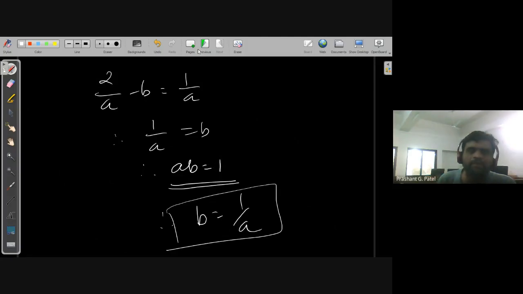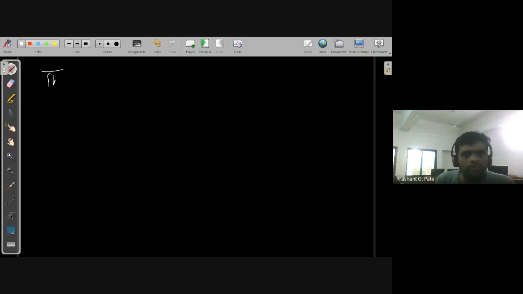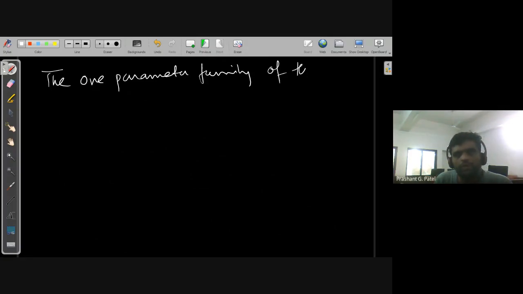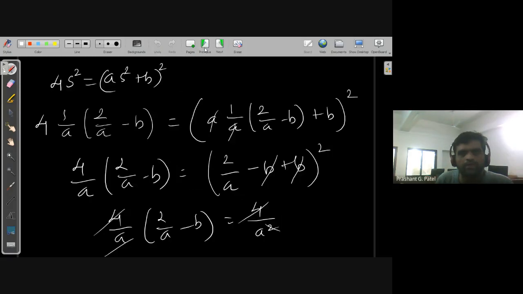So the one parameter family of the complete integral is z square equal to. So what was our equation number 1?